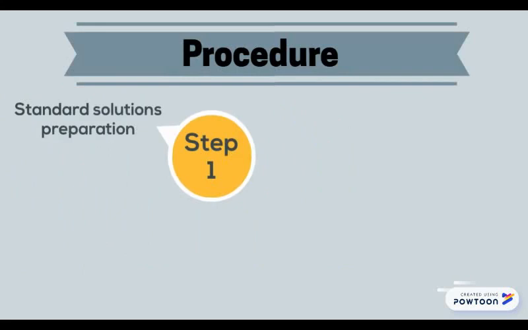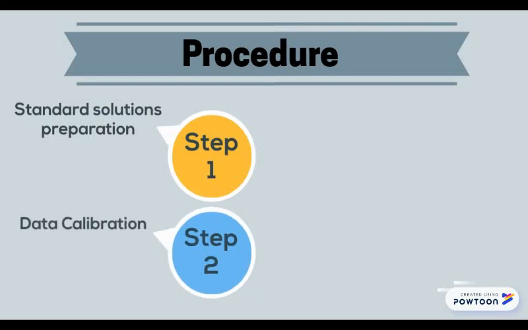Now, I'll be giving you a quick walkthrough on how the experiment is constructed. First, we prepare the solutions with fluoride concentration of 1 ppm, 10 ppm, and 100 ppm from a 1000 ppm solution. Next, 2 ml of TISAB is added into each of the standard solutions. The calibration is then carried out in a continuous sequence with increasing concentration.